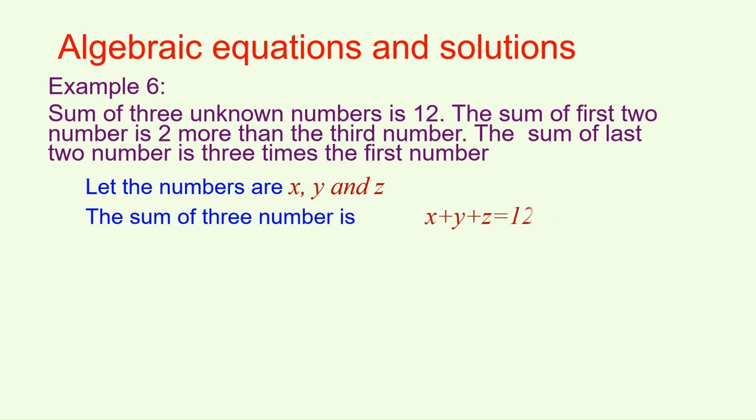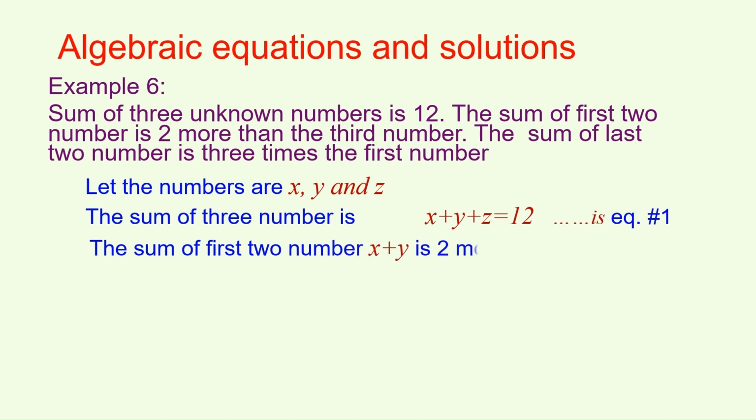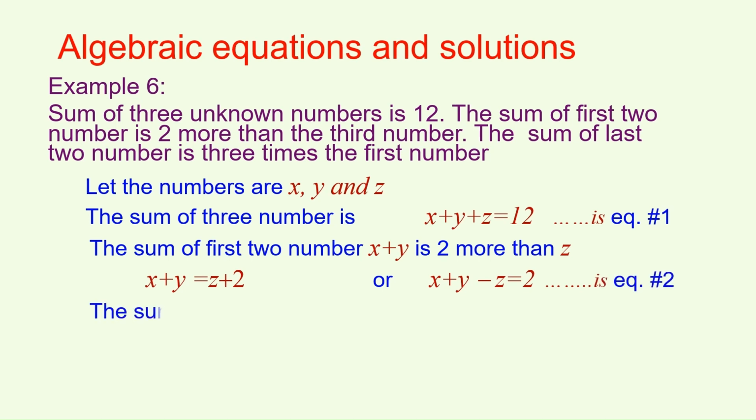The sum of the three numbers, x plus y plus z equals 12, is equation number 1. The sum of the first two numbers, x plus y, is 2 more than z. So x plus y equals z plus 2, or x plus y minus z equals 2, is equation number 2.